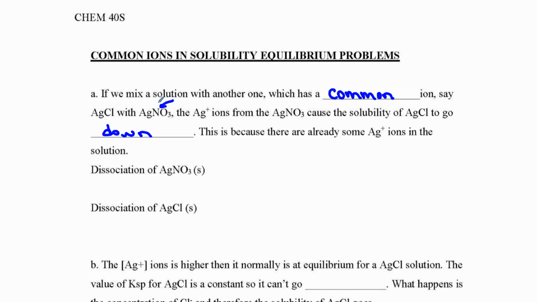If you check your solubility rules, silver nitrate is very soluble. So let's put highly soluble. And the other one has very low solubility, kind of like the ones we focused on in the last lesson. So AgCl has low solubility.